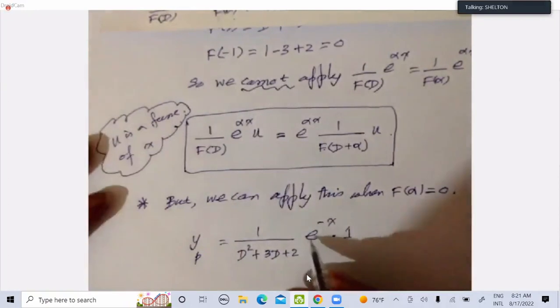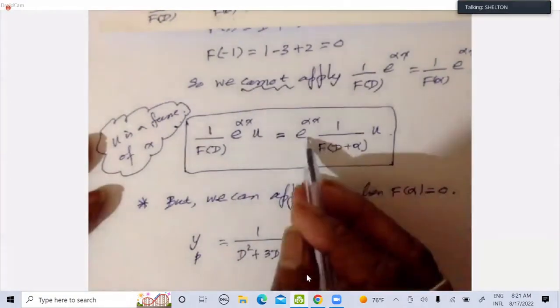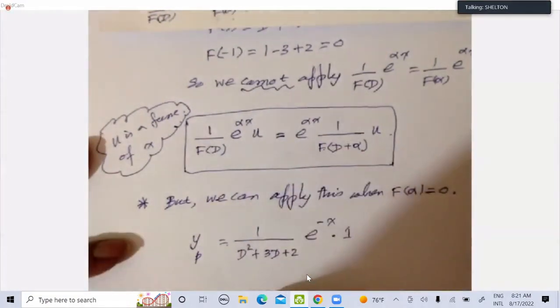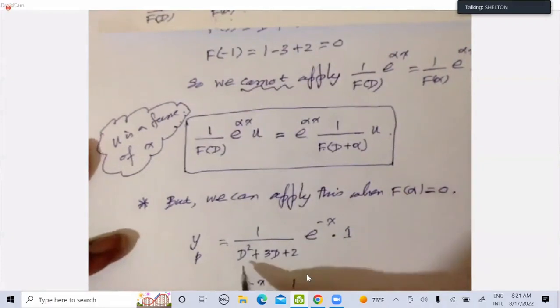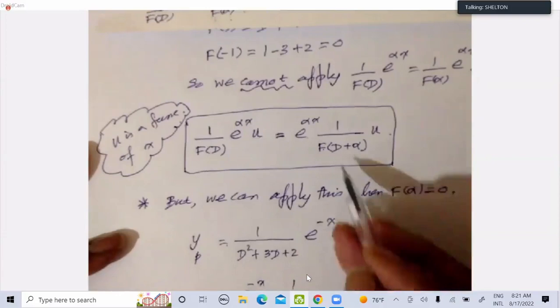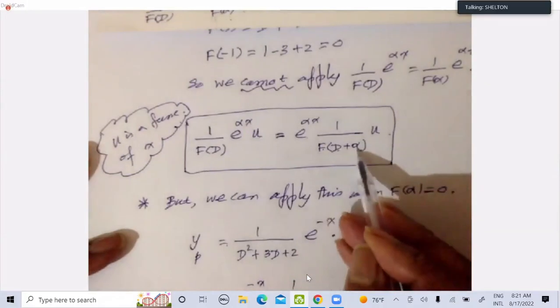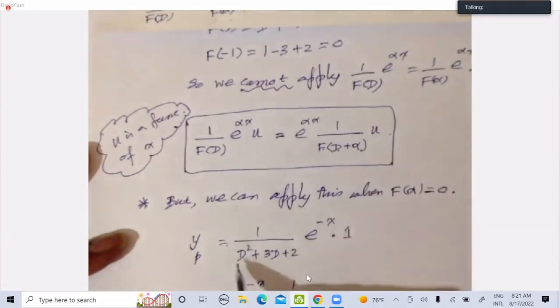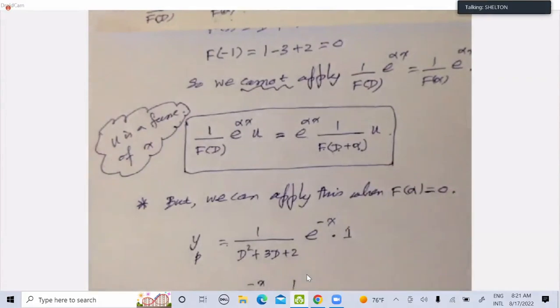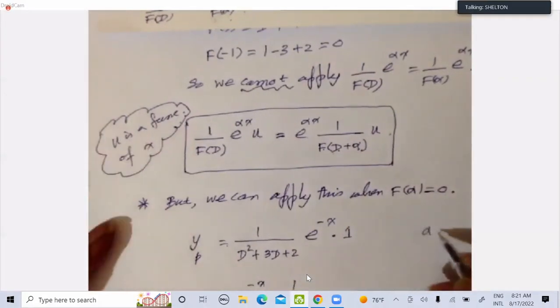When you apply it, you take e to the alpha x out, e to the minus x times 1 over f(D plus alpha). So D is replaced by D plus alpha in the expression. Now alpha is minus 1.